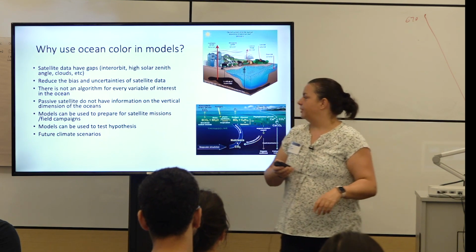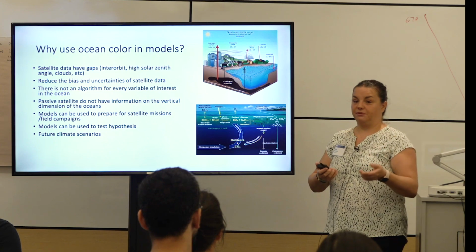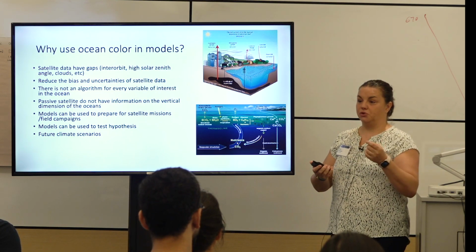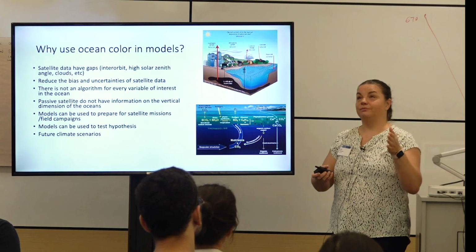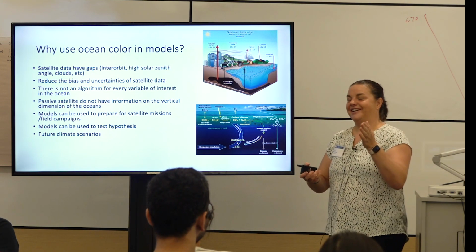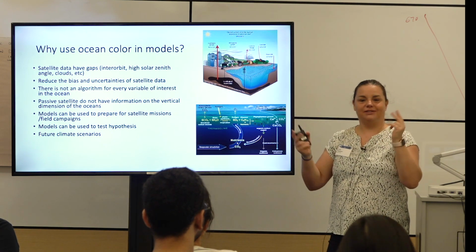The other point I made earlier: models can be used to prepare for satellite missions. They can also be used to prepare for field campaigns. There's something called observing system simulation experiments, OSSEs.